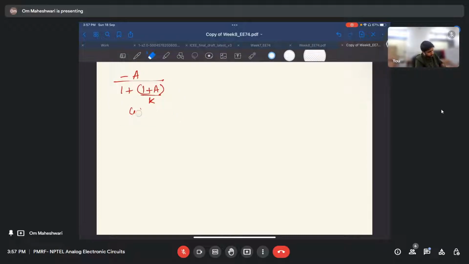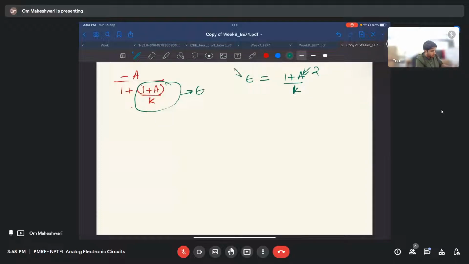Okay. So let me write this. This term is error. So E equals 1 plus A by K. So we know this is 2, and this is 0.04%. So what should be K? K equals 1 plus A by E, which is 1 plus 2 by, if you write percentage, 0.0004.